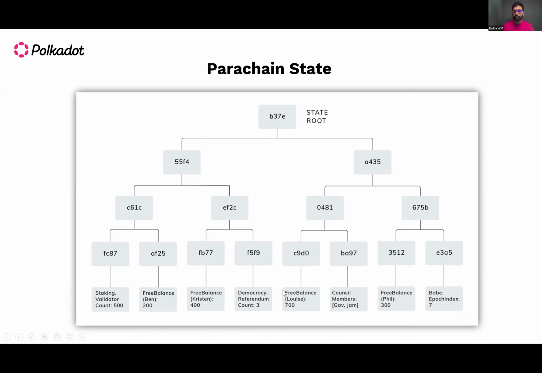The Polkadot network also has a democracy module. It has a bunch of things. Let's say I'm sending some balance from one account to the other, and the democracy referendum moves ahead to the next one. So the changes are occurring at specific locations in this Merkle tree.